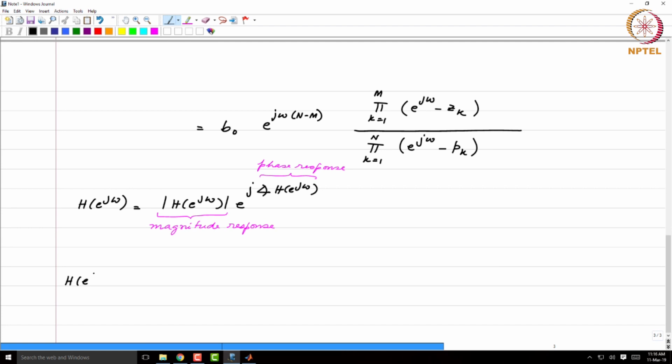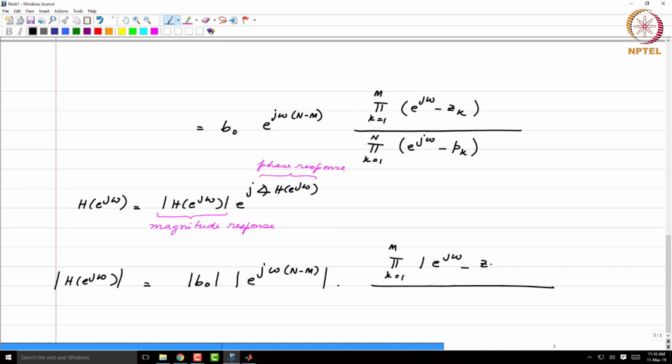And hence, if you look at the magnitude response, this now becomes magnitude of B naught, times magnitude of e to the j omega n minus m, times the product over k going from 1 to capital M. The magnitude of the product is the product of the magnitudes.